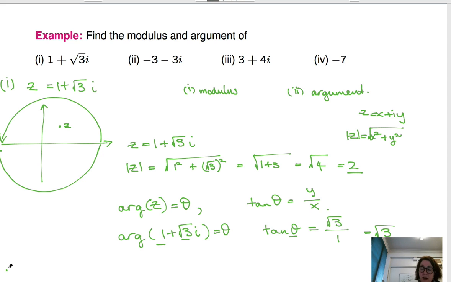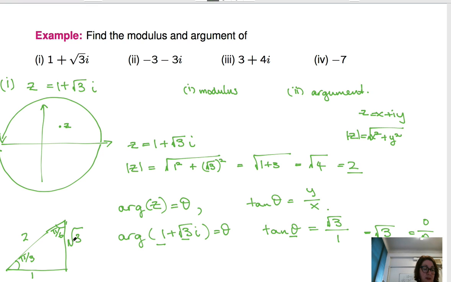So we need to go back to our favourite triangles. If you don't remember how to do this, remember the triangle that had pi on 3, root 3, 1 and 2 on the hypotenuse, and then this angle was pi over 6. So we want to find the angle that has the opposite over adjacent being equal to root 3.